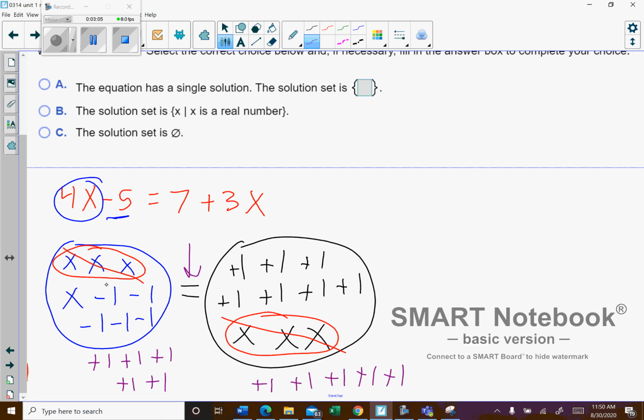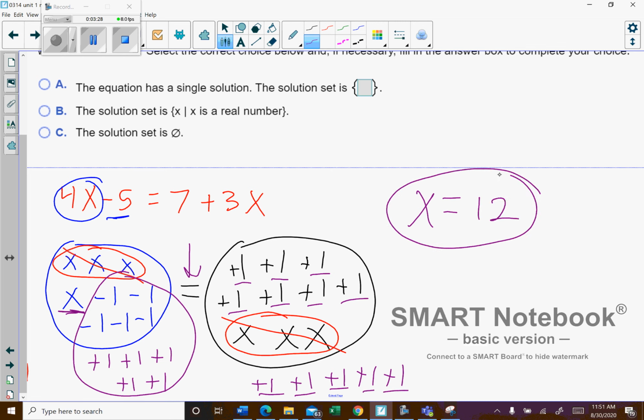And so what's going to happen here is the minus 1 plus 1, the 5 I have here with the 5 down here, those are all going to cancel out, and it's going to leave me with just a single x on the left side. So I'm left with x equals, and then let's see, I have 1, 2, 3, 4, 5, 6, 7, 8, 9, 10, 11, 12. So I'm left with 12 over here.